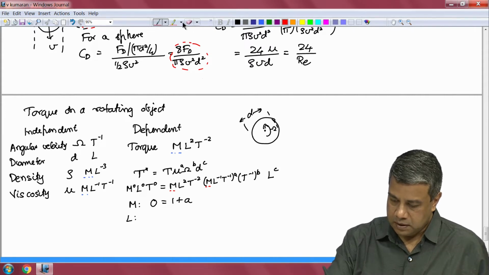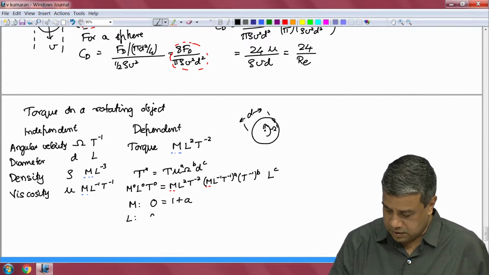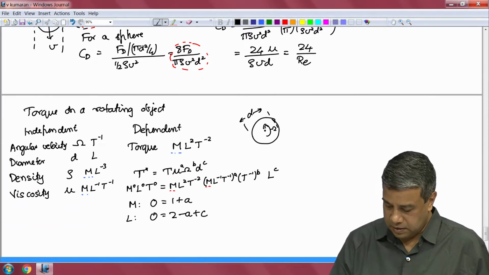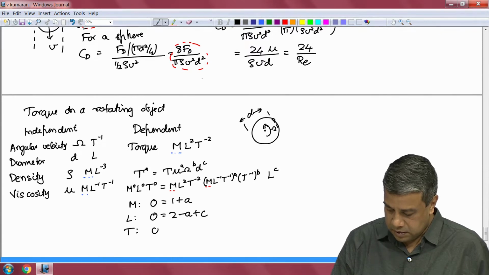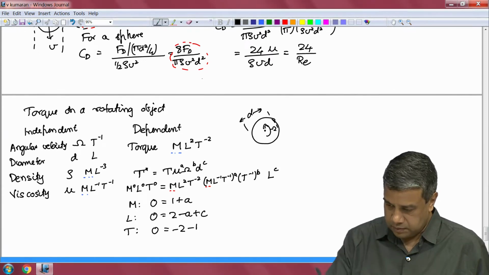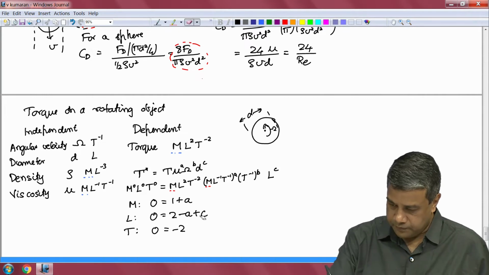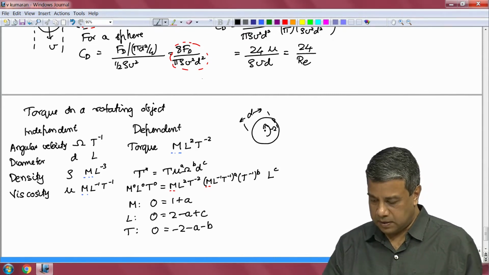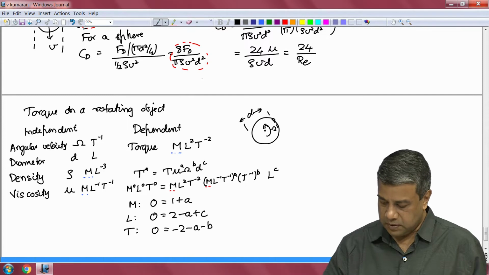The length dimension, 0 equals 2 minus A plus C, and the time dimension 0 equals minus 2 minus A minus B. So, once again you can solve these.